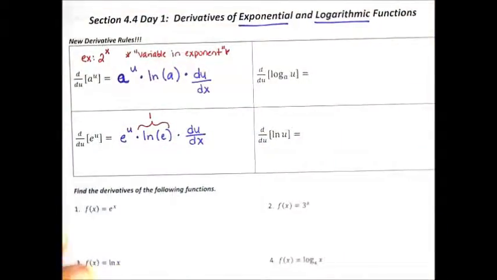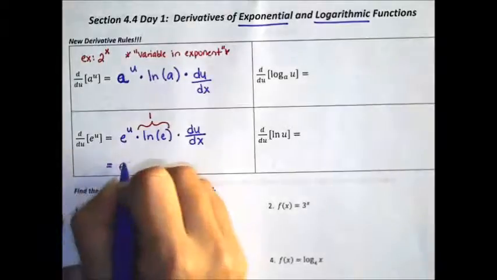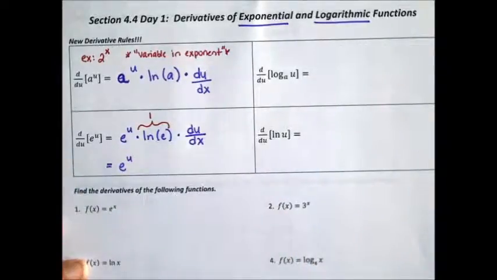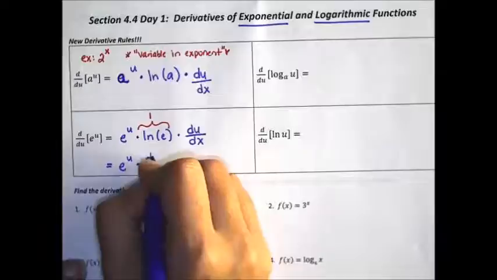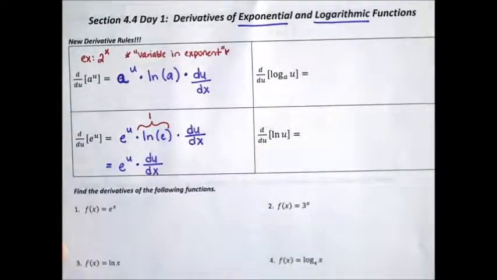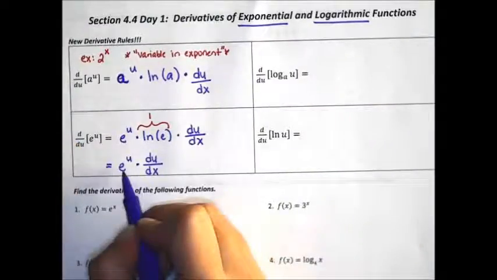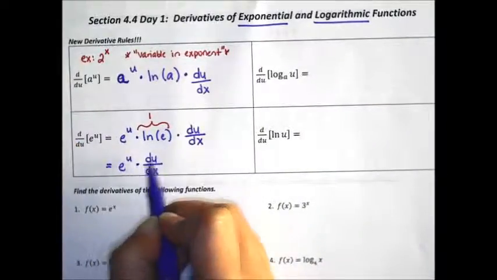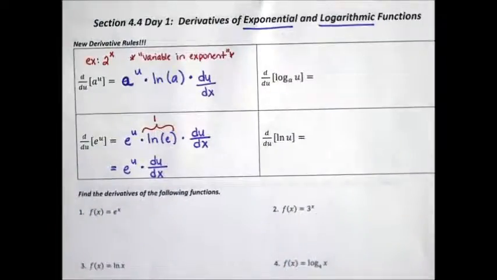If the natural log of e is 1, then this formula actually simplifies. We usually just write that the derivative of e to the u would be e to the u times du dx. Basically, the derivative of e to the something is e to the something times the derivative of the something.